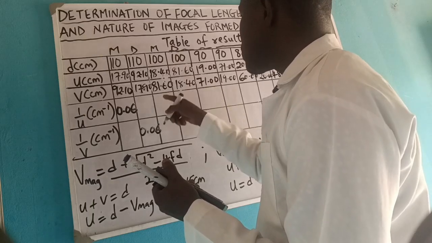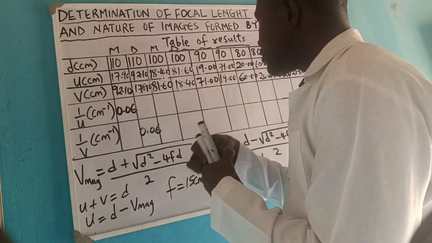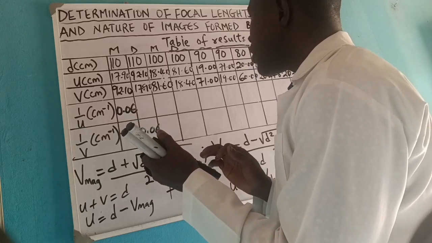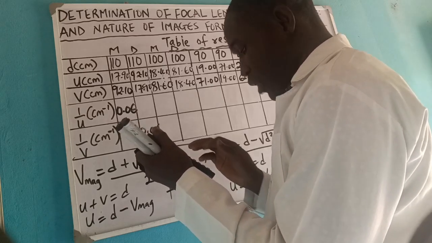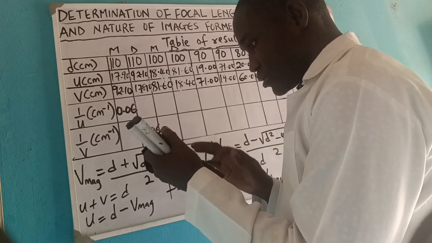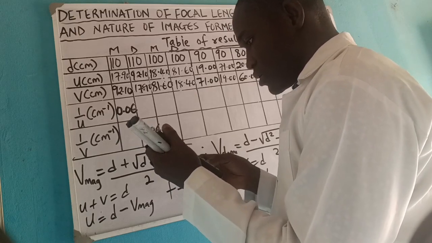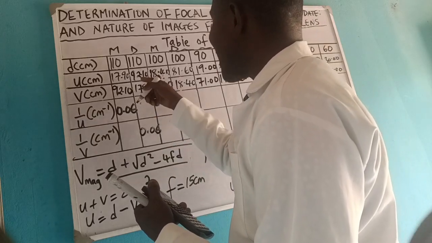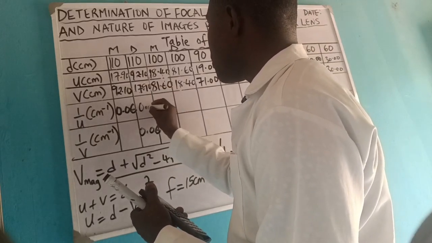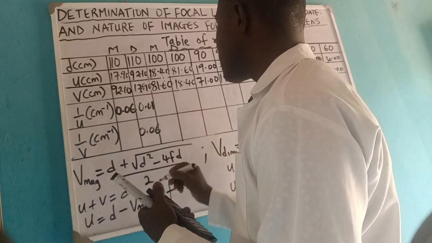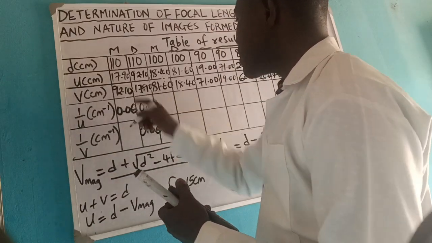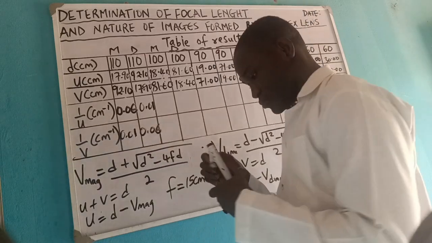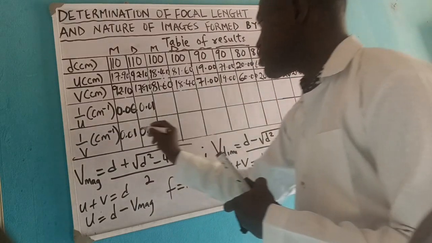Then we also say 18.4 inverse, 92.1 inverse is 0.01. That is for this, 0.01. Where else do we have here? 0.01.